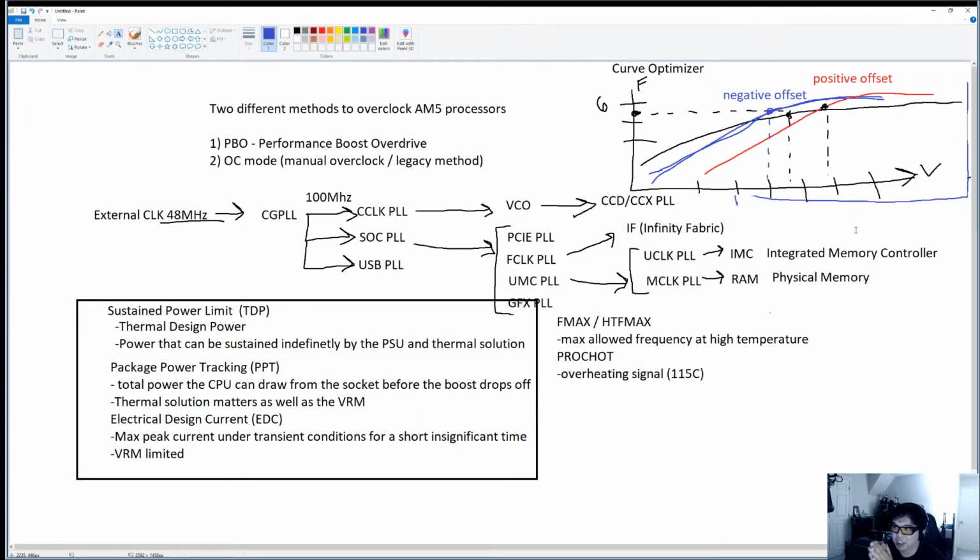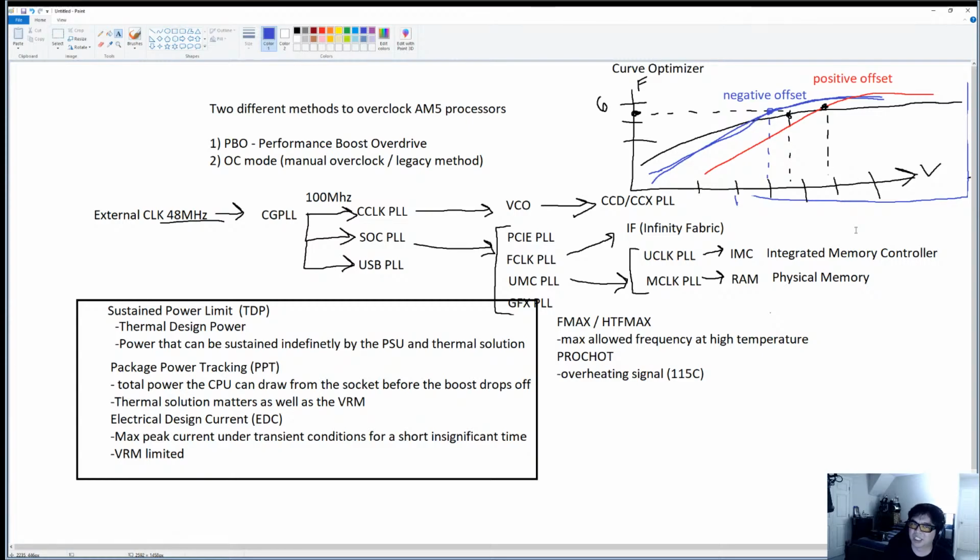But like Joy was saying, if you put a positive offset, the byproduct of running a higher voltage for a given frequency means that you're going to run the CPU hotter. It's going to generate more heat than stock. So typically, negative offset is the way to go if you're trying to optimize the system for less power, less heat, less noise, while trying to obtain the same frequency.